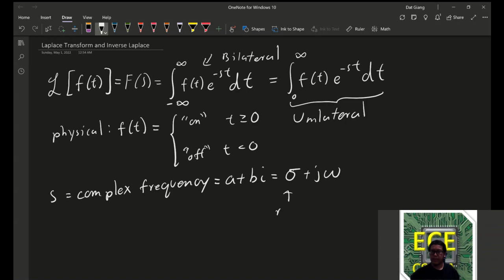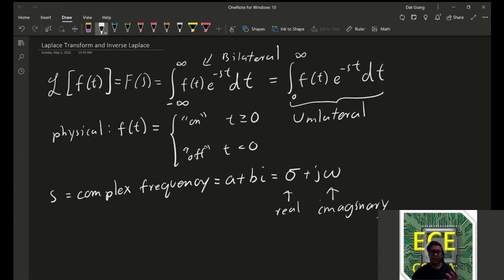This is the real part, and this is the complex, or imaginary, part. So that is the Laplace transform.